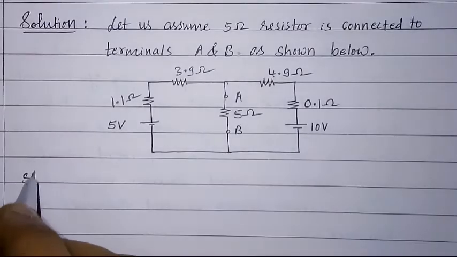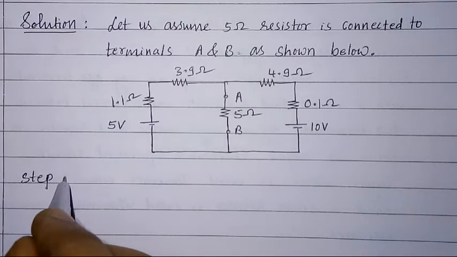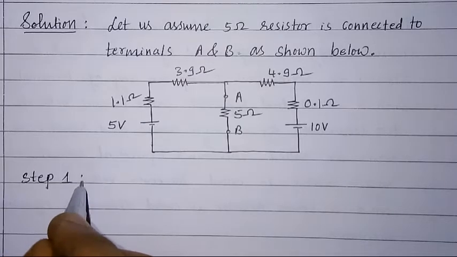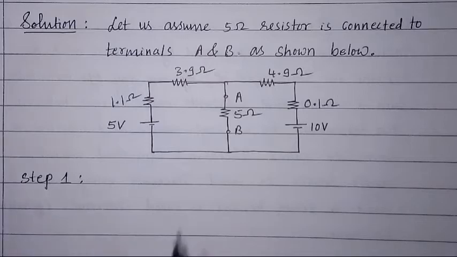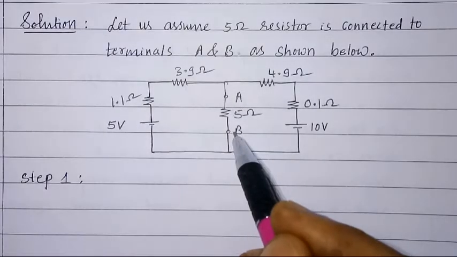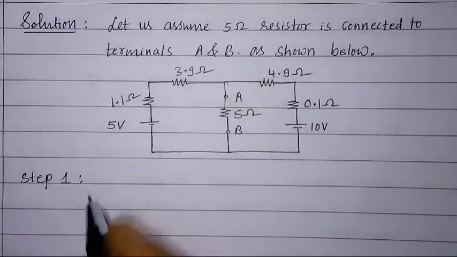In that, step number 1 is to disconnect 5 ohm resistor and keep these two terminals A and B as open.